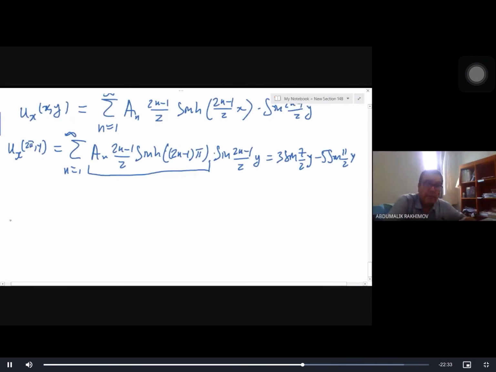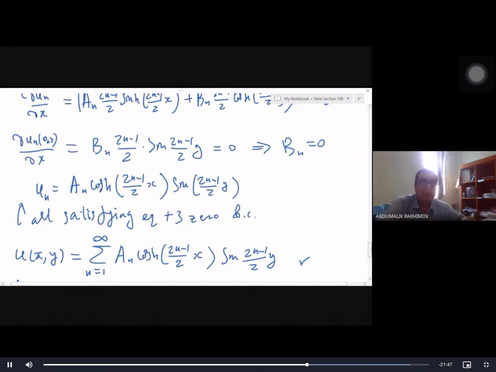So a_n (2n minus 1) over 2 sine hyperbolic ((2n minus 1) pi) must be equal to 2 over c. Remember the formula, 2 over c. C is 2 pi, that's why it will be 1 over pi, the integral with respect to y.